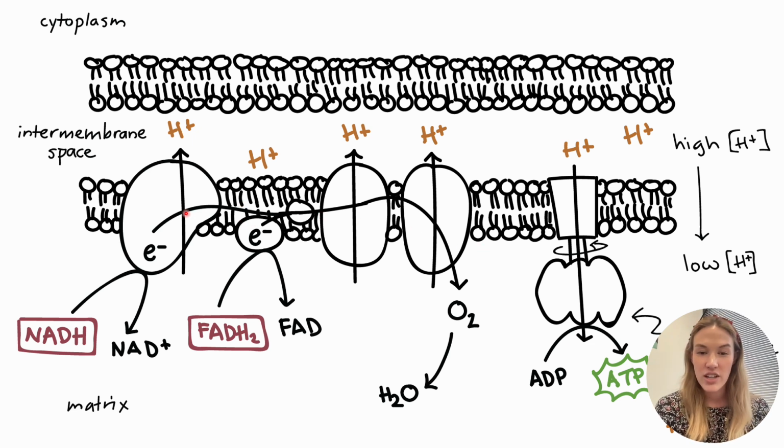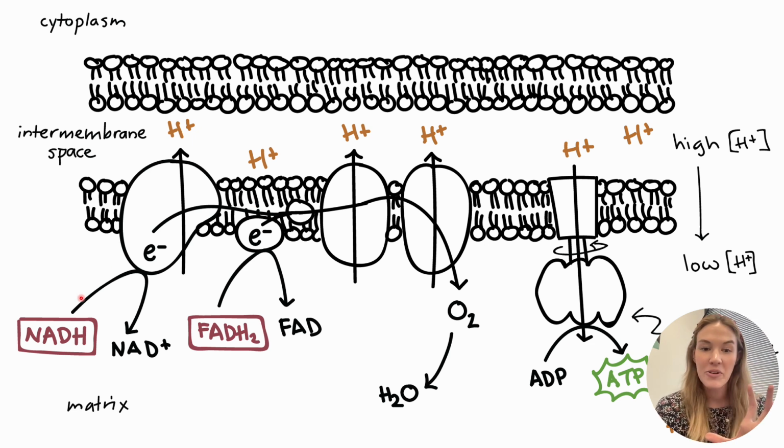And so that energy is going to be harvested to pump protons into the intermembrane space. So moving electrons from something that is low reduction potential to high reduction potential is essentially electricity. And so that electricity is being used to pump protons into the intermembrane space. That will become very important when we get to ATP synthase.